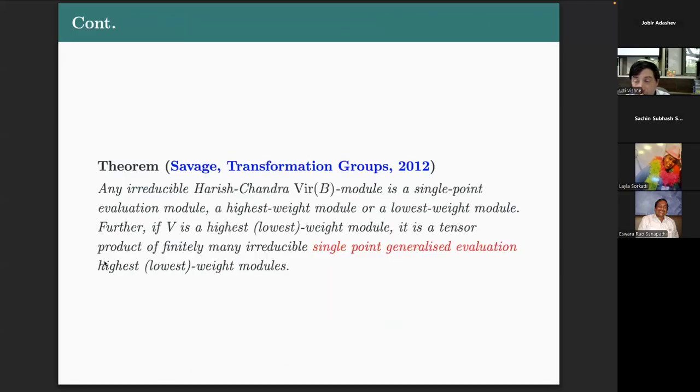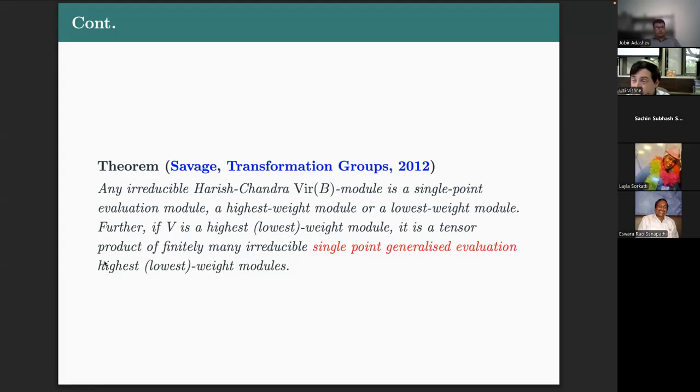Quickly, Alistair Savage saw that it could be generalized to an arbitrary finite dimensional associative unital algebra, and he proved exactly the same result without any difficulties.